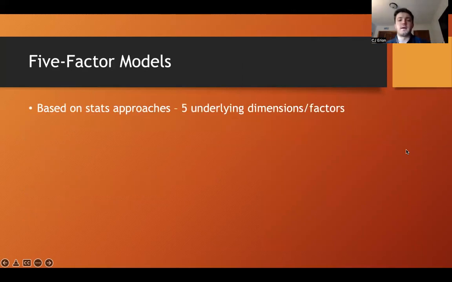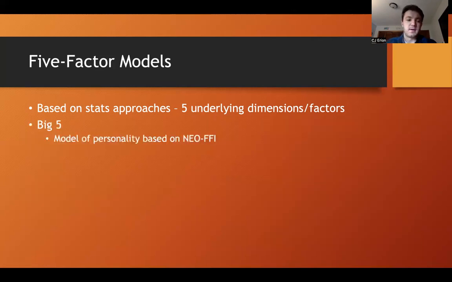So with 5-factor models, again, with these factor models in general, but with the 5-factor model here, this is based on statistical approaches that take traits and create overarching dimensions from them. So based on this 5-factor model, there are 5 underlying dimensions.